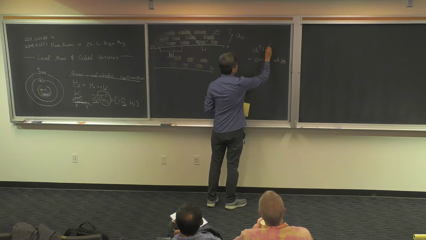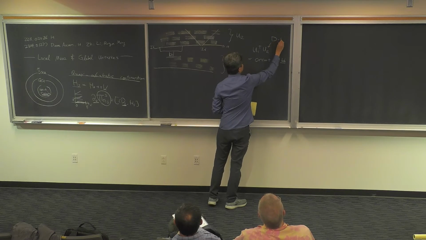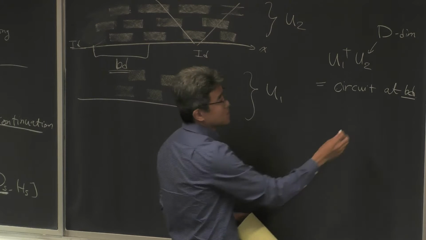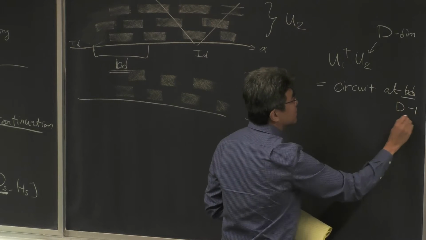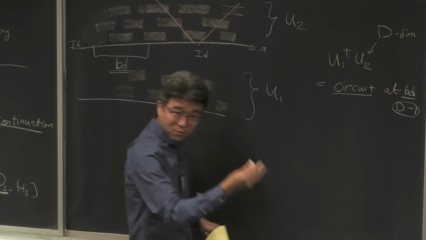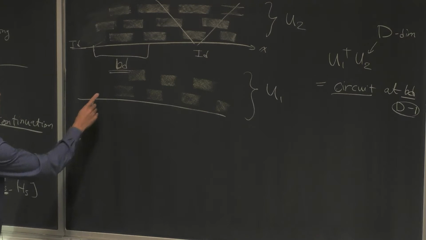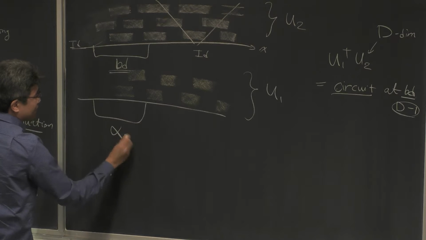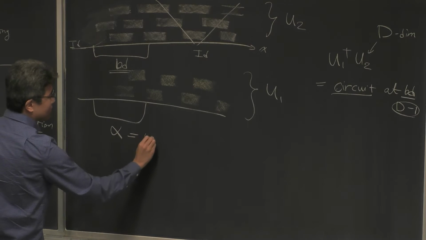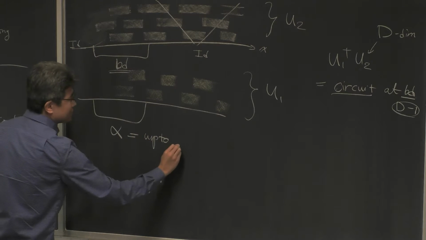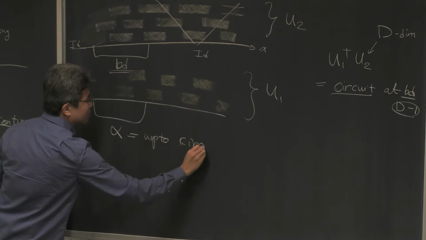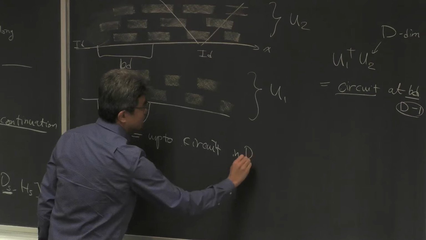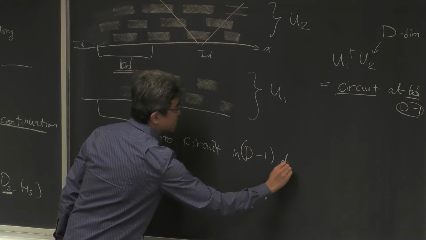If this were a unitary circuit in d dimensions, then at the boundary we have a circuit in one dimension lower. So whatever action there is, the action here, alpha, is well defined up to a circuit in d-1 dimensions.